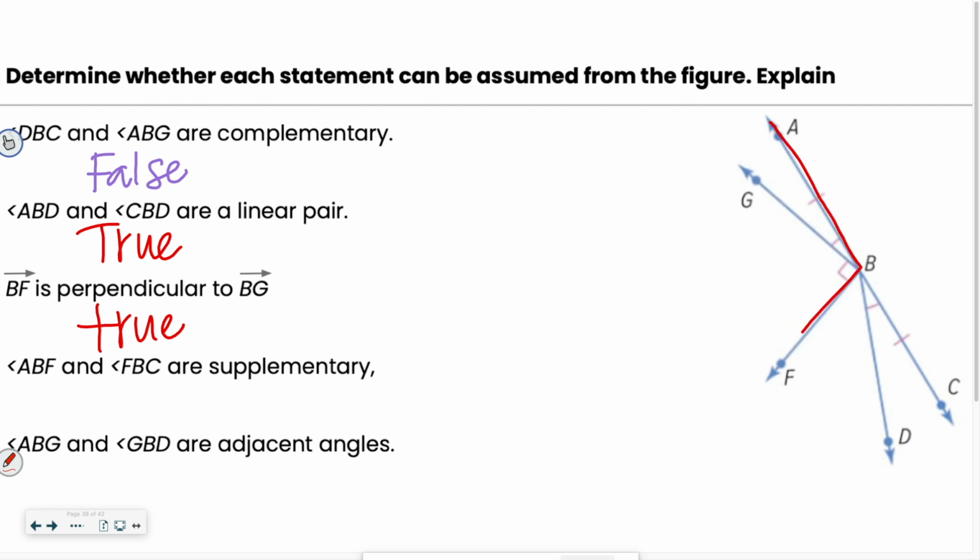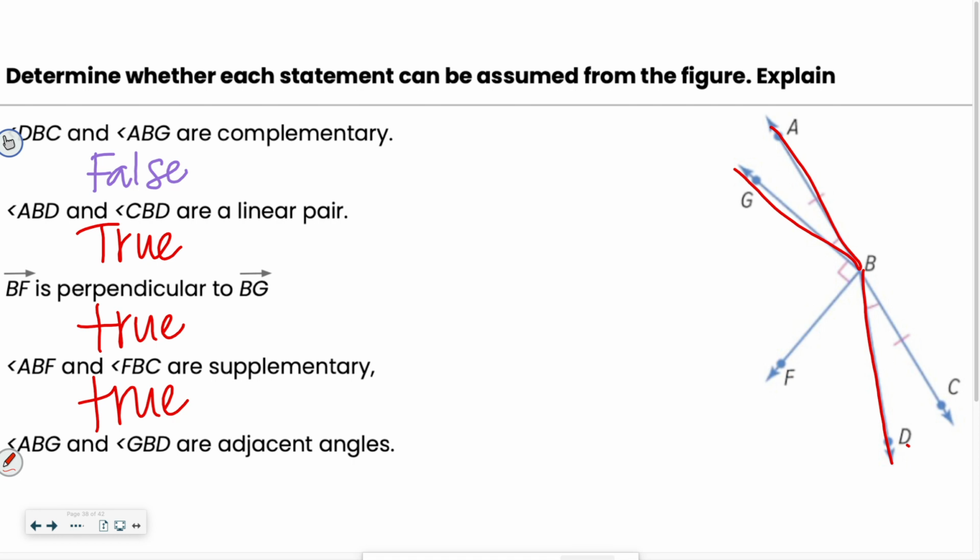ABF and angle FBC are supplementary. True. Yep, because they make a linear pair. And our last one here, ABG and GBD are adjacent angles.